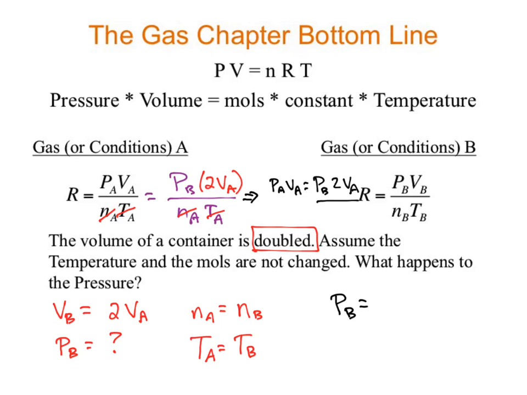Divide both sides by 2VA. What happens? The VAs cancel. The result for my pressure is 1/2 PA. What did you guys say happened to the pressure? It halved. There it is.